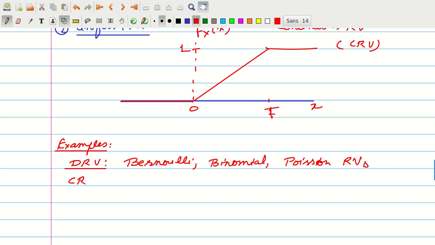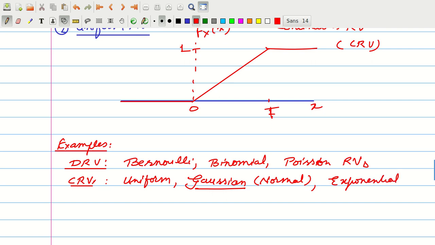The examples of continuous random variables include a uniform random variable, Gaussian, one of the most important random variables, also called normal random variable, exponential random variable, Rayleigh random variable, and there are many such random variables which are very important in studying various branches of engineering, especially communications engineering.